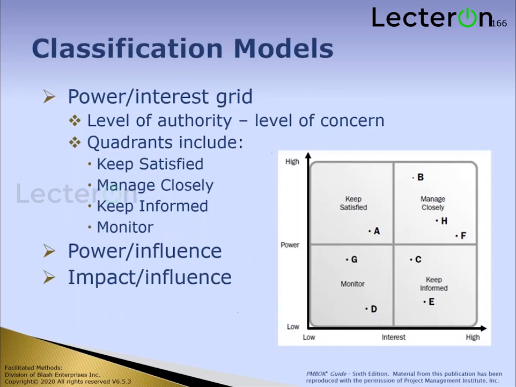Now, what's interesting is this chart used to be in the PMP guide, and I don't know why it's not. It is in the business analysis, it is in the risk management, it is in the program, it's in the portfolio. It's every place except in the PMP guide. And yet it is one of the ones that you will be tested on.